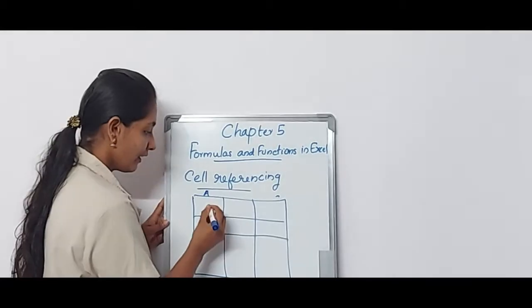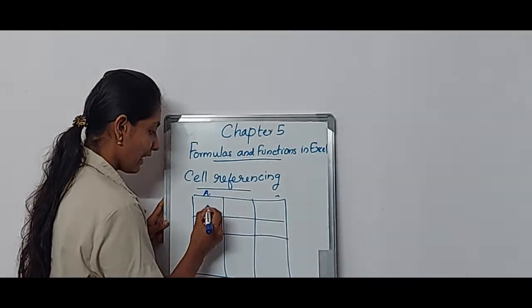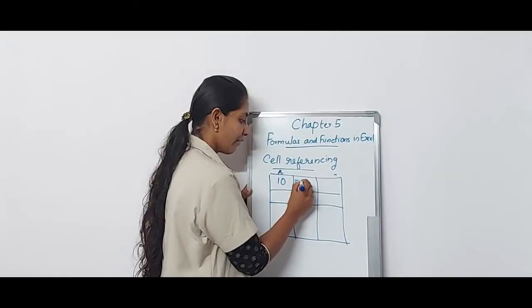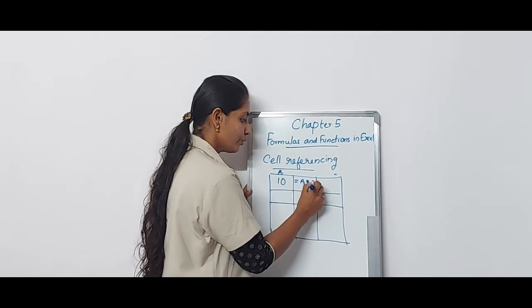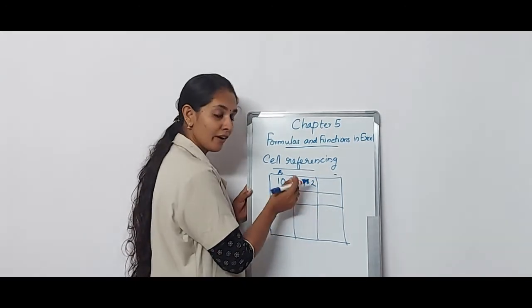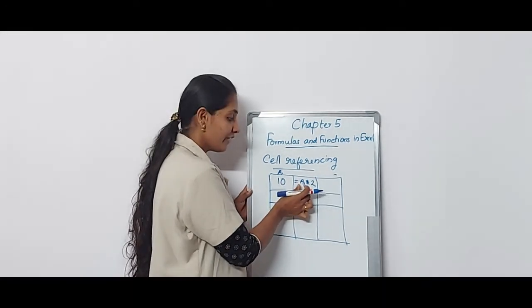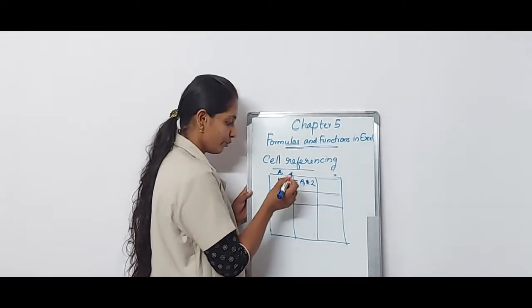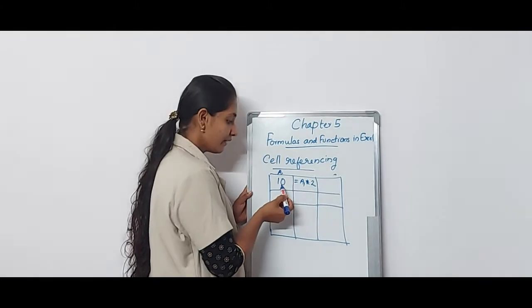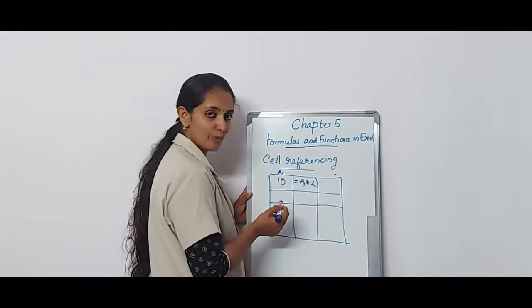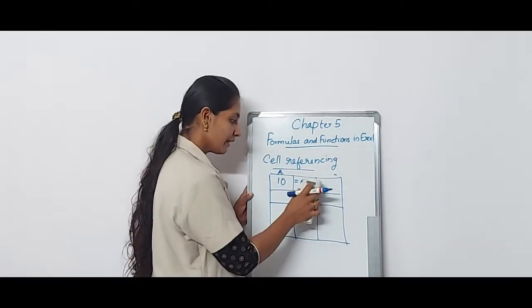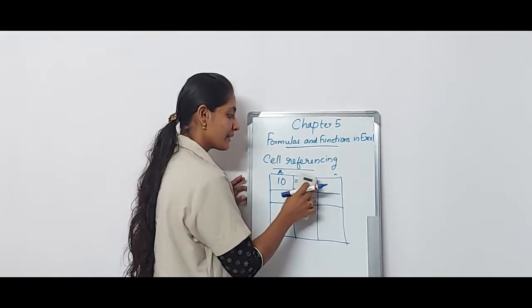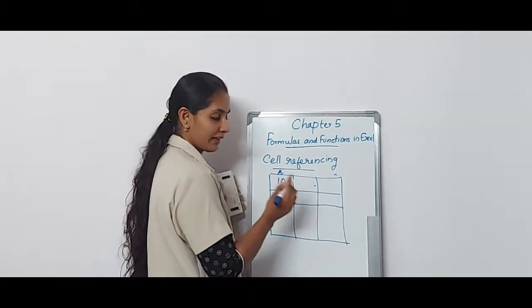In A1, there is one value, that is 10. A1 into 2. Here, instead of the direct value 10, we are using the address of this cell, A1 into 2. So the result will be 10 into 2, 20, after pressing the Enter button.